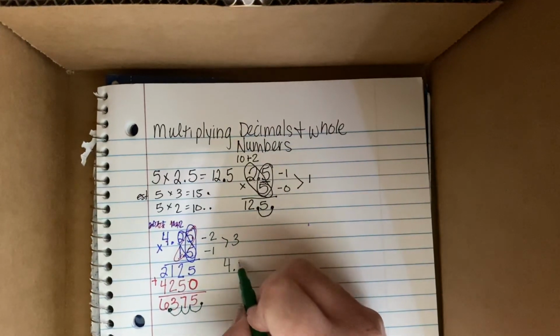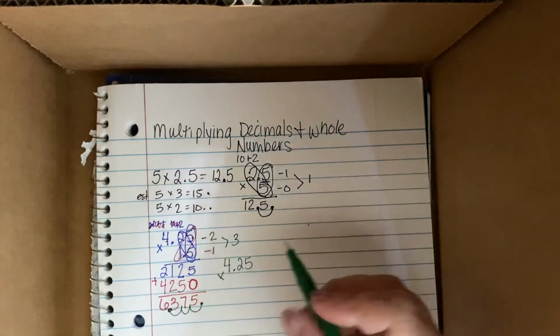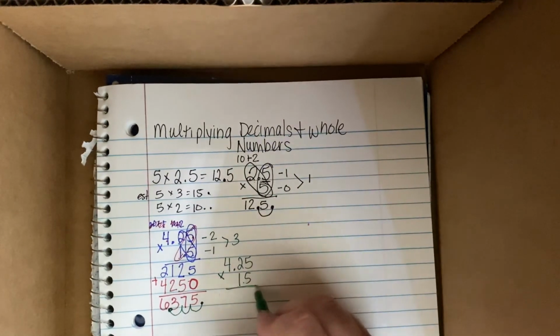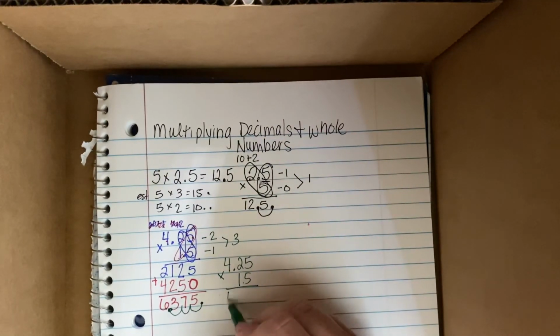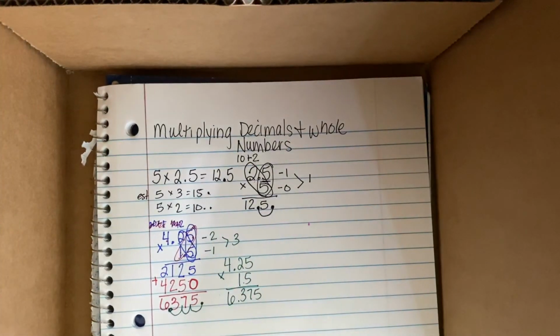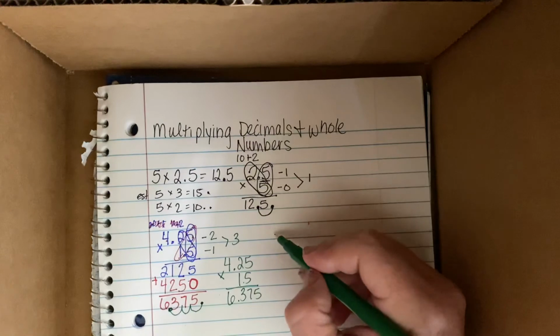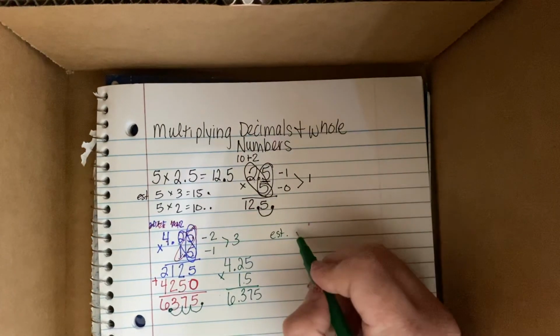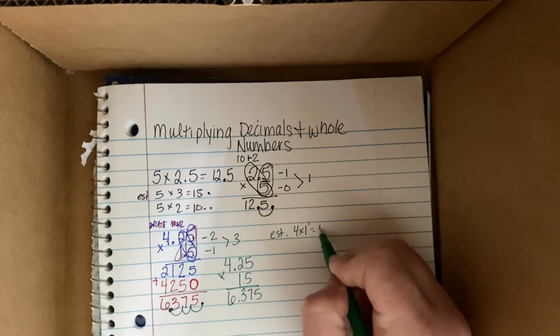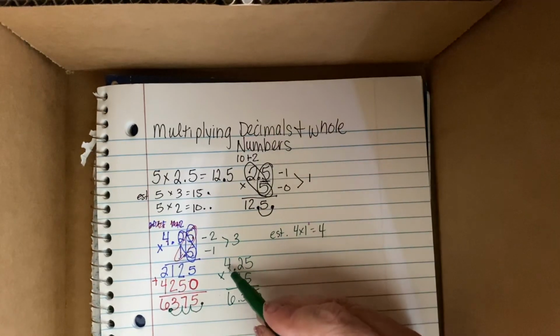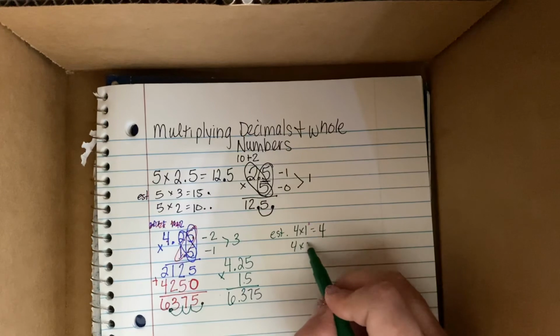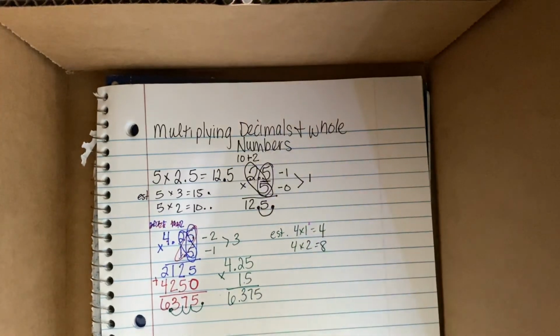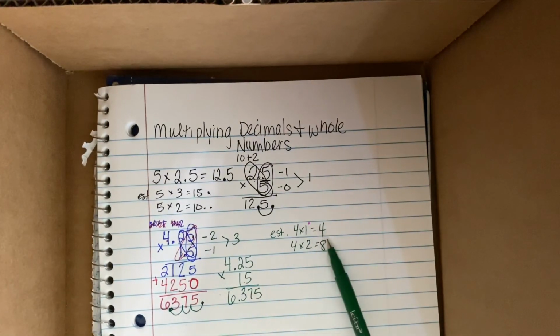So 4 and 25/100 times 1 and 5/10 equals 6 and 375 thousandths. We should have estimated first, but if we estimated 4 times 1, 4 times 1 equals 4. Estimated 4 times 2, 4 times 2 is 8. So our answer should be reasonable between 4 and 8.